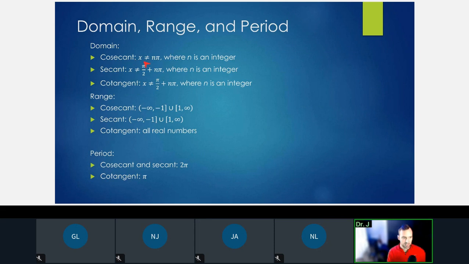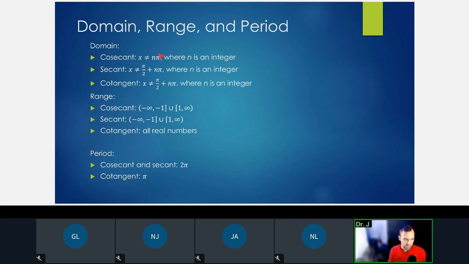Cosecant has a domain of everything except n times pi. So basically whenever y is 0, and if you think about it, remember, cosecant is the reciprocal of what? Sine. So cosecant is 1 over which variable? 1 over y.